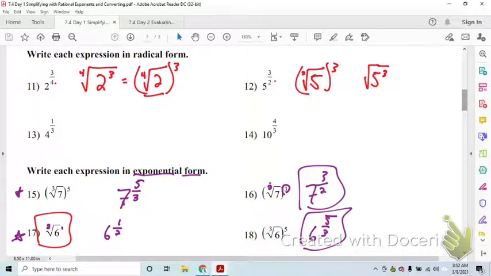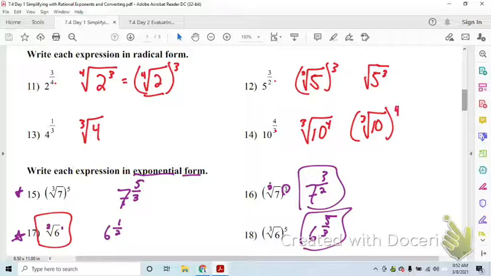Now, 4 to the 1/3 power here, this is going to be the 3rd root of 4. That's it. And then here, we have 10, and we have a 3 there, so I'm going to put a 3 in the 3rd root, but then we either put the 4th there, 10 to the 4th power, or we do the 3rd root of 10 in parentheses to the 4th power.